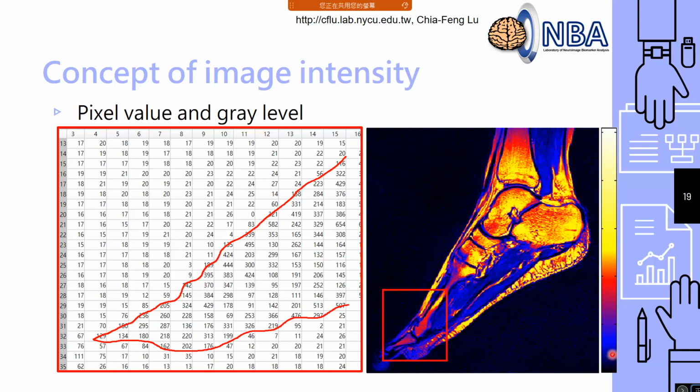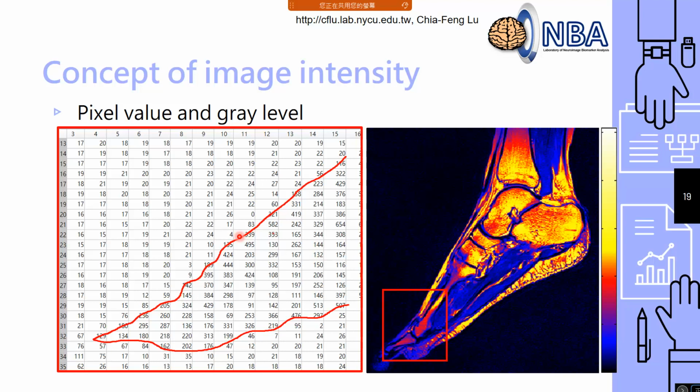So black, dark blue, blue, purple, red, maybe yellow, green, and then you can see it gradually changes into white, right? So you may find out important things. I didn't change any value within the image matrix. You can see the values are all the same, right? The only thing I changed is the color map.